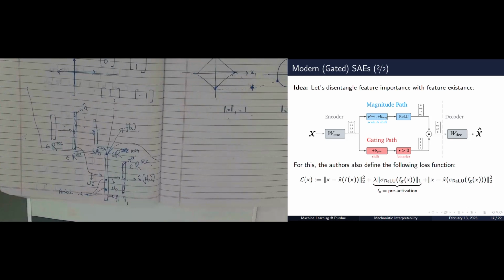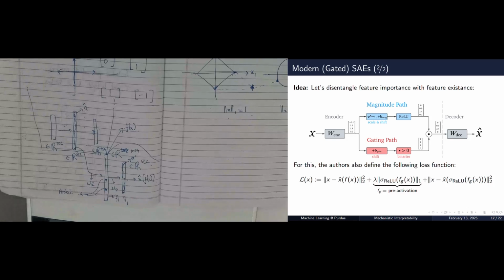I'm just a little bit confused. You have two paths, right? The first one is your standard one where you just have ReLU, right? So that goes through the SAE, right? Do both of these go through the SAE? This is the SAE. Oh, okay. This is the SAE.